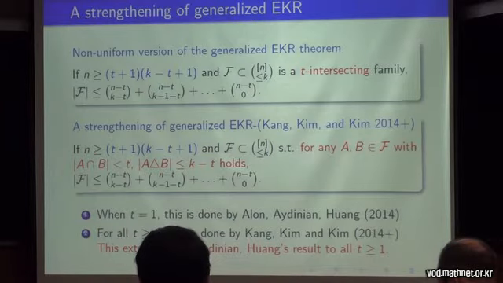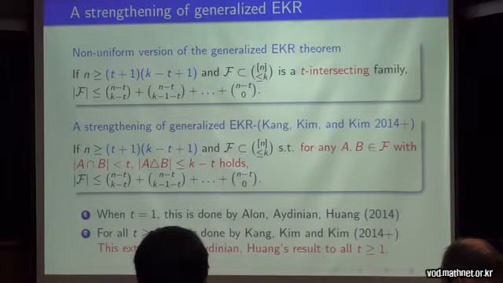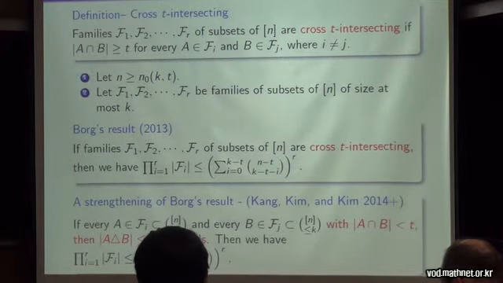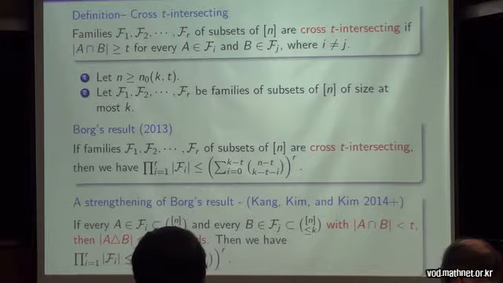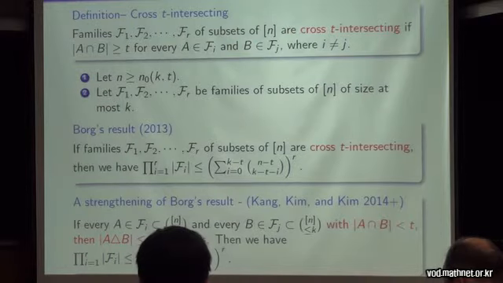So our result extends the Noga Alon and Huang result to all t. It's joint work with Dong Kang and Younjin Kim. In addition, we also give a strengthening of the Frankl-Füredi result related to the cross t-intersecting case. What is cross t-intersecting?